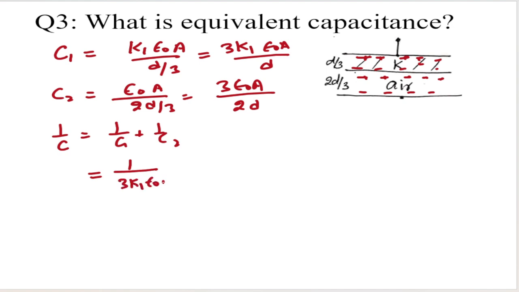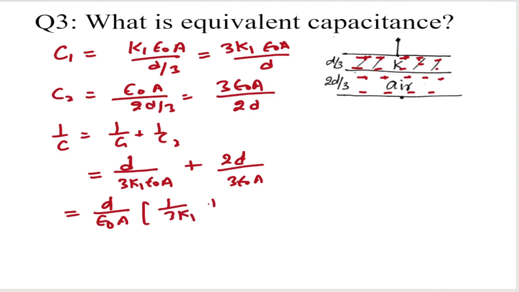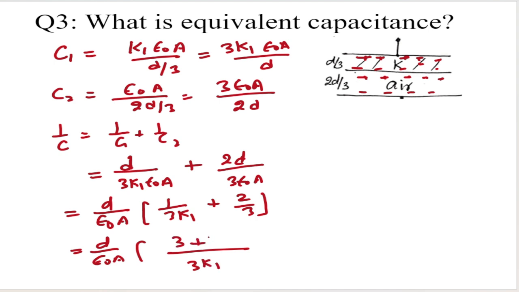3K1 epsilon naught A और ये D shift हुआ numerator में, प्लस यहाँ पर लिखेंगे 2D upon 3 epsilon naught A. अब D upon epsilon naught A common term आ गई, 1 upon 3K1 plus 2 upon 3. Now D upon epsilon naught A. अब LCM 3K1, यहाँ पर term आ गई 3 plus 2K1.